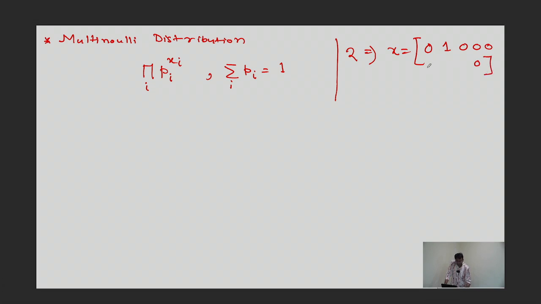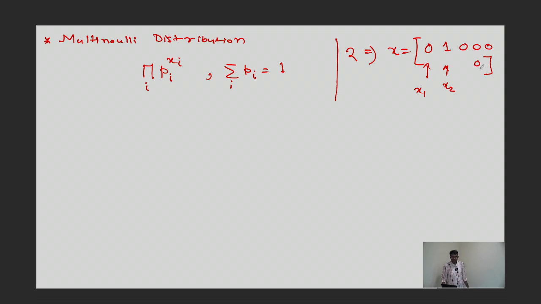Okay, so this is my x1, this is my x2, and then you can understand what is happening. So now when you substitute into that expression, you will understand that if it is a 2, only probability of 2 will survive, everything else will go to 1, and it is a product, so you will get a probability of 2.